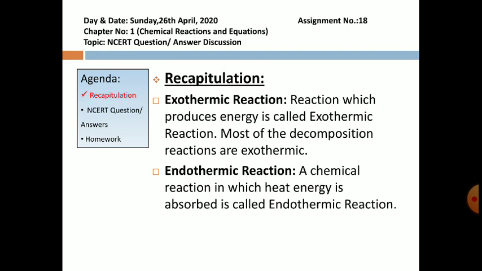Exothermic reaction: a reaction which produces energy. Most decomposition reactions are endothermic in nature. Endothermic reaction: a chemical reaction in which heat energy is absorbed.